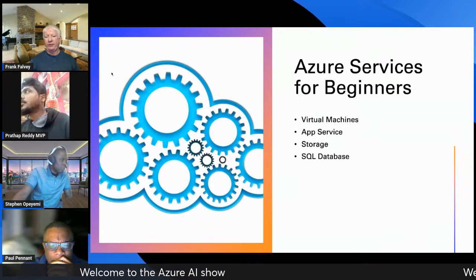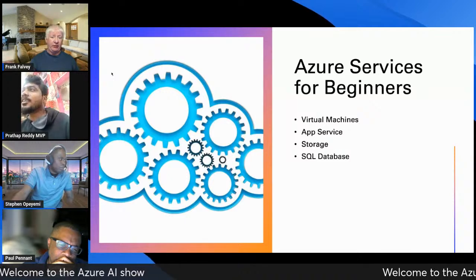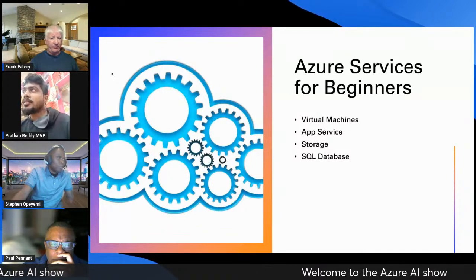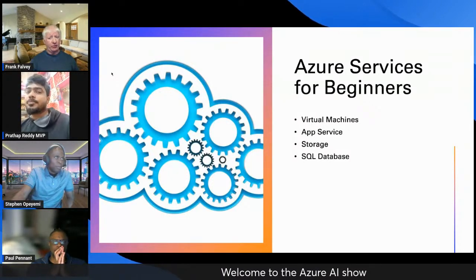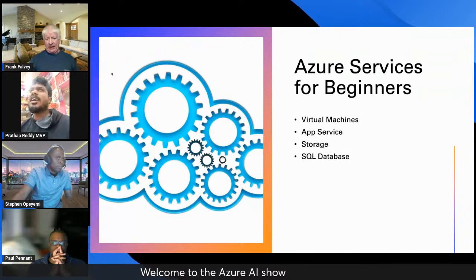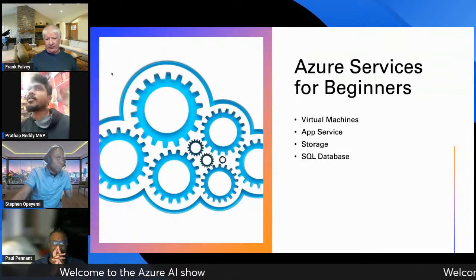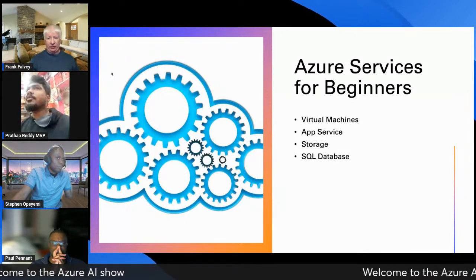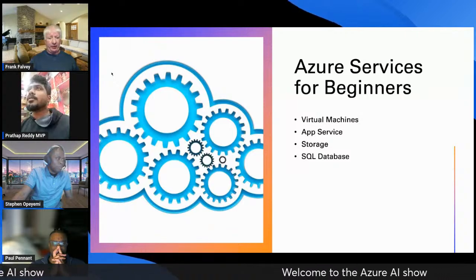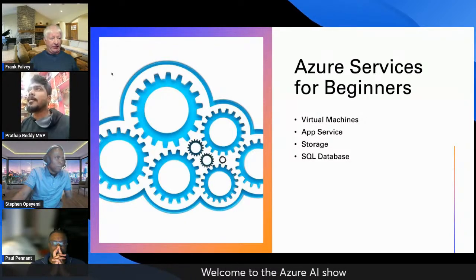Azure services for beginners. Virtual machine, you saw Stephen just spinning up a virtual machine there in the Azure portal earlier. You also got app services, so any application you want to run, you can spin them up on Azure for anything you want.